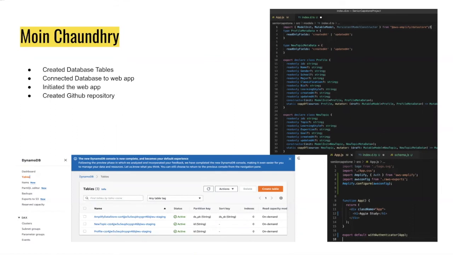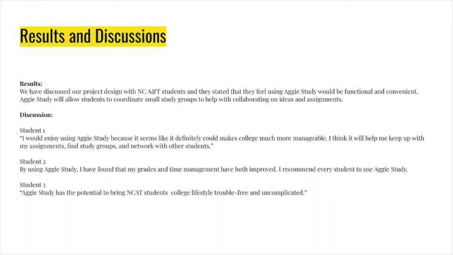It has nothing complex on it yet. The only thing it has is the login mechanism and just a simple heading, Aggie Study. And the last thing I did was create a GitHub repository, which I pushed all the code up to so our team can stay up to date with the code and updates.